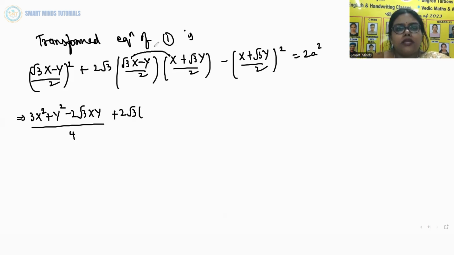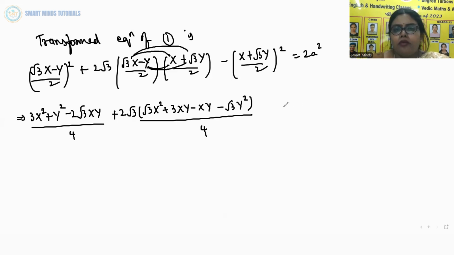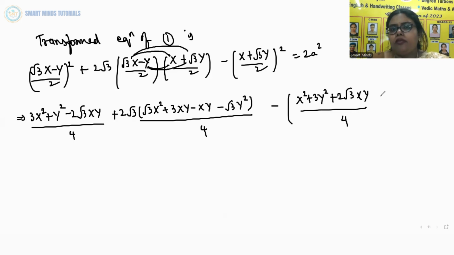This into this, this into this, this into this, this into this. Root 3x into x is root 3x square plus 3xy minus xy minus root 3y square by 4 minus x square plus 3y square plus 2 root 3xy by 4 is equal to 2a square.